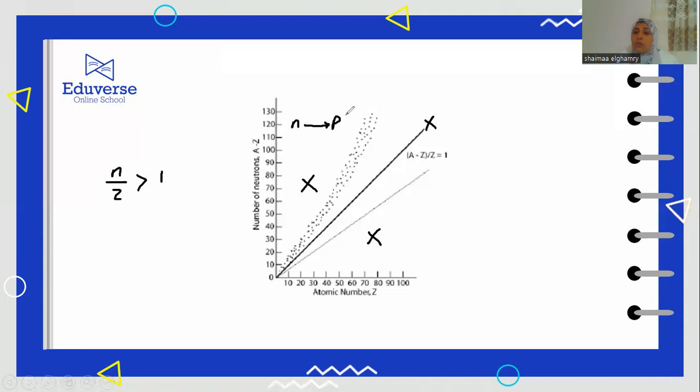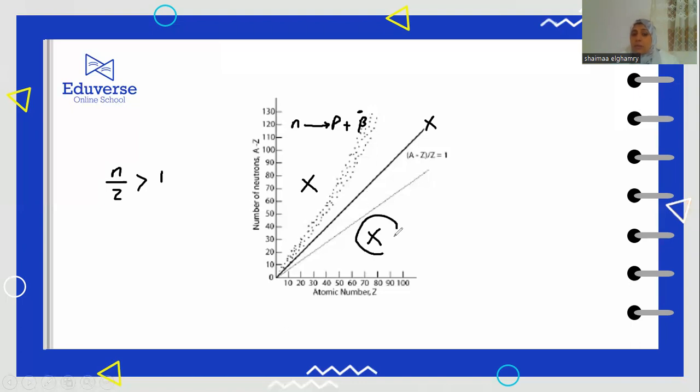How neutron convert to proton? By emitting negative beta particle. Here plus negative what? Beta particle. So neutron is converted to proton and emitting negative beta particle.